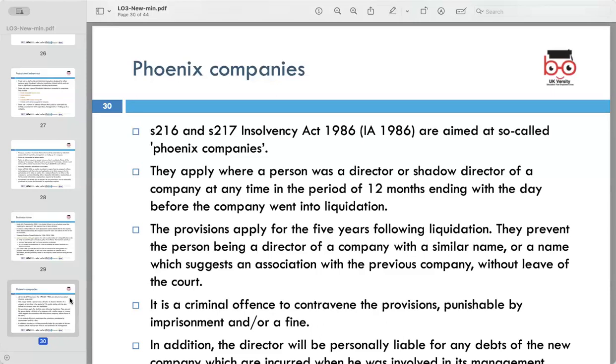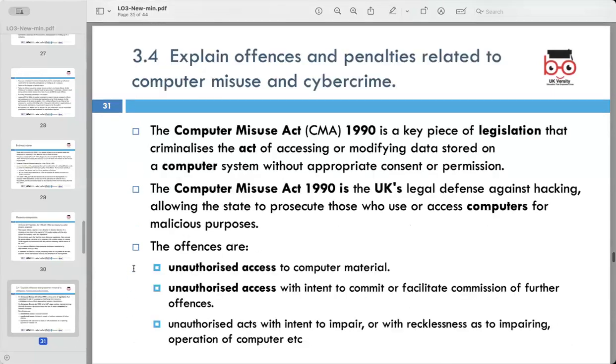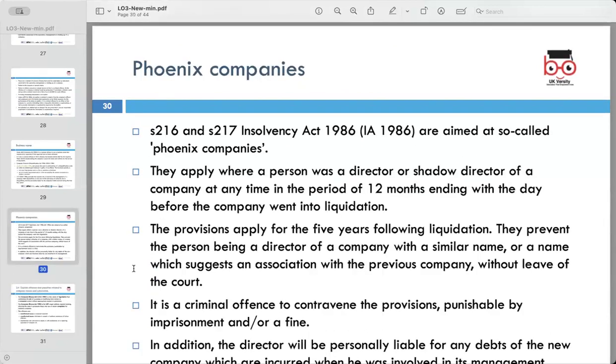Phoenix companies. As you can see, Section 216 and Section 217 of the Insolvency Act 1986 are aimed at so-called phoenix companies. Phoenix provisions within the Insolvency Act 1986 target phoenix companies, referring to entities formed after the liquidation of a previous company with similar ownership or management.